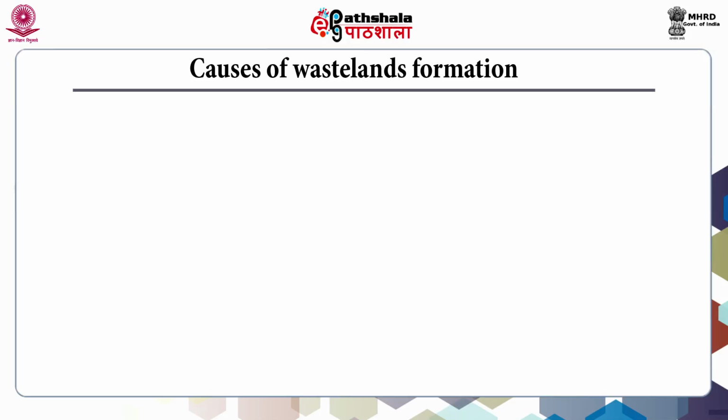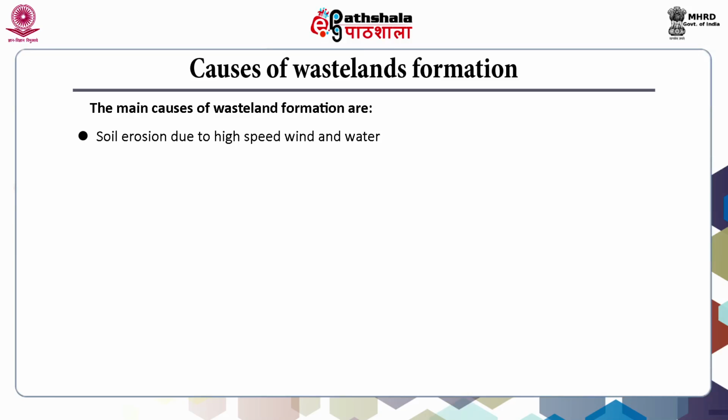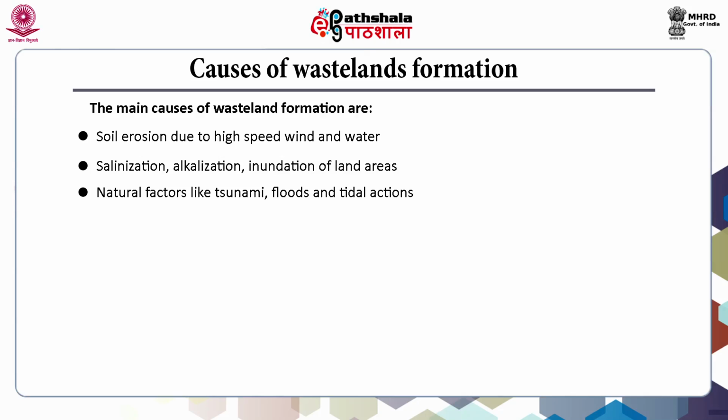Causes of wasteland formation. The main causes of wasteland formation are: number 1, soil erosion due to high speed wind and water, salinization, alkalinization, inundation of land areas. Next, natural factors like tsunamis, floods and tidal actions.